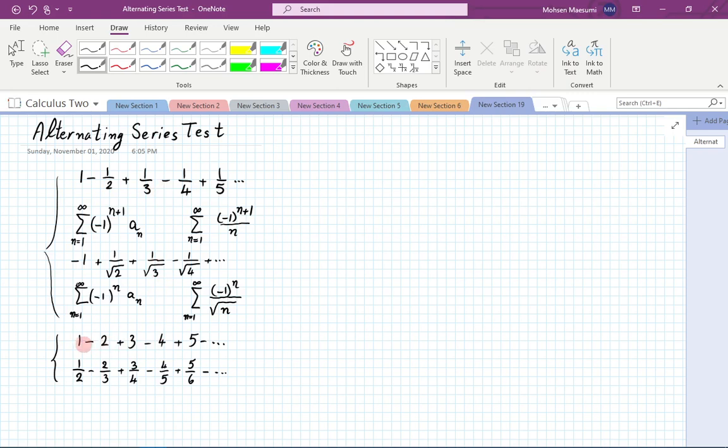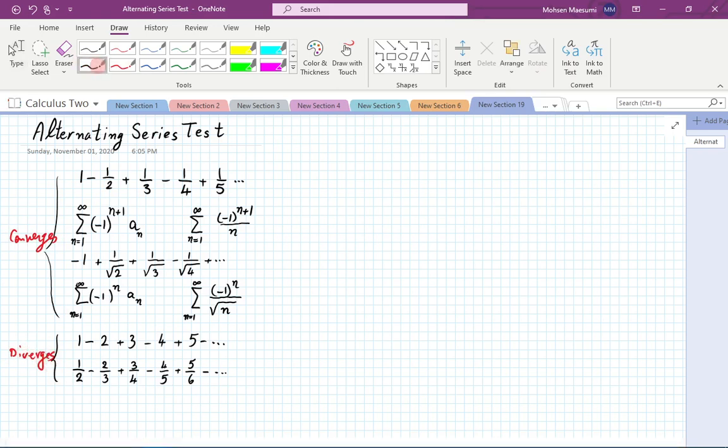If the terms of the series do not decrease, definitely it's not going to converge. In this case, the terms of the series lead to something other than 0, and the series still diverges. So we have these examples where the series converges, and these examples where the series diverges.